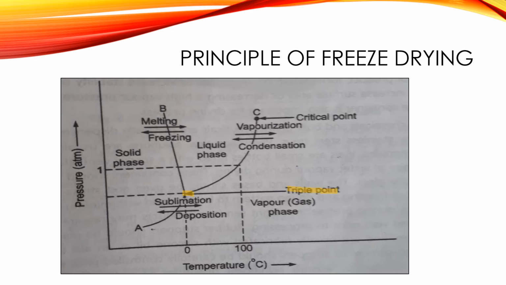Here the solid phase, the liquid phase and the vapor phase or gas phase coexist at this point, and this point is therefore called the triple point of water at a particular temperature and pressure. Now this point A, O, B, C. So let's discuss the actual basics of freeze drying process or the principle involved in this process.